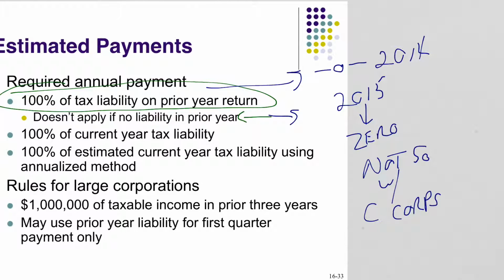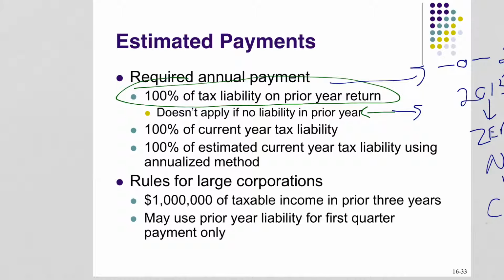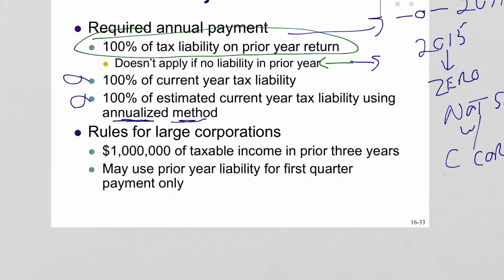If your tax liability was zero the prior year, then you've got to use some other safe harbor for estimated tax payments in the current year, which could be 100% of the current tax liability, or 100% of this year's liability using an annualized method. That's very similar to individuals. Rules for large corporations: $1 million of taxable income in the prior three years.